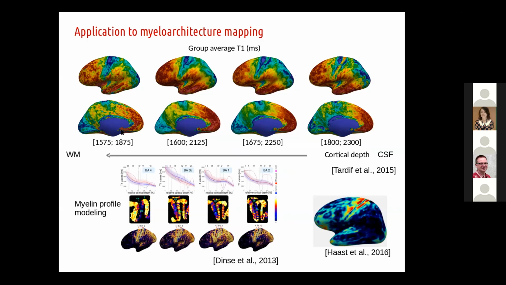So from the white matter all the way to the outside of the brain. And you can see that some of the structures that are fairly conserved, they also change. And that's quite nice, because then you can also start looking at finding differences between brain areas based on those patterns.